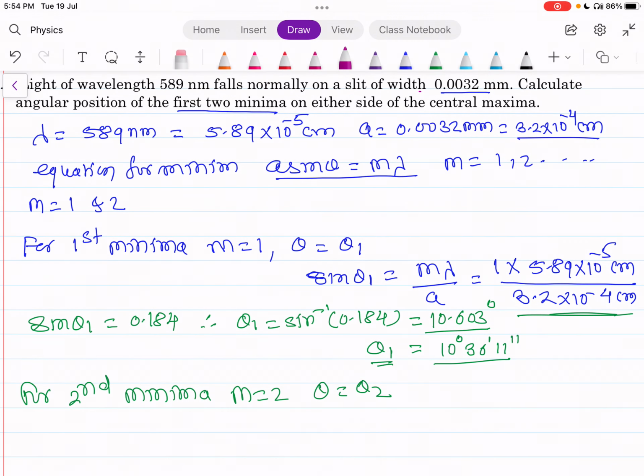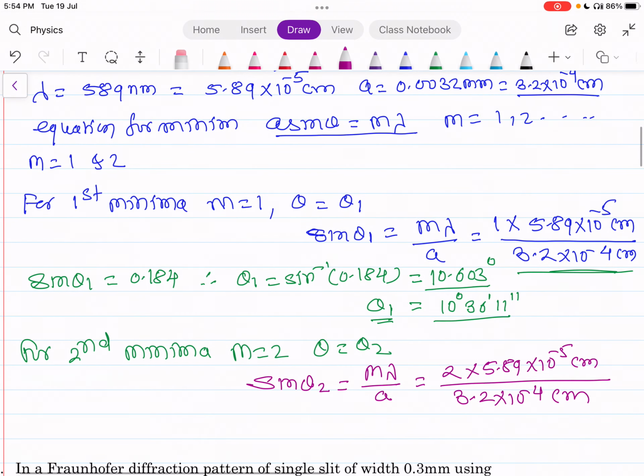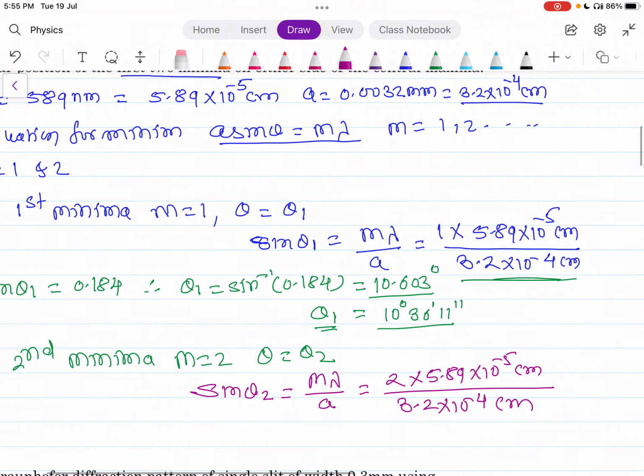And therefore, sine theta 2 is equal to m lambda upon a, that is equal to 2 into 5.89 into 10 raised to minus 5 centimeter divided by a, which is 3.2 into 10 raised to minus 4 centimeter. What we get is 0.368.